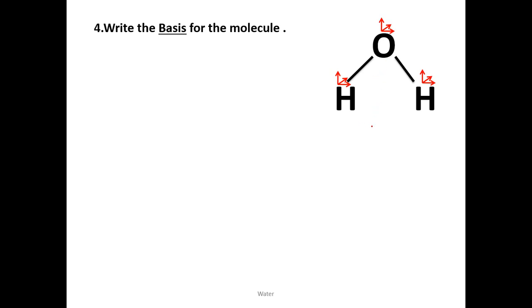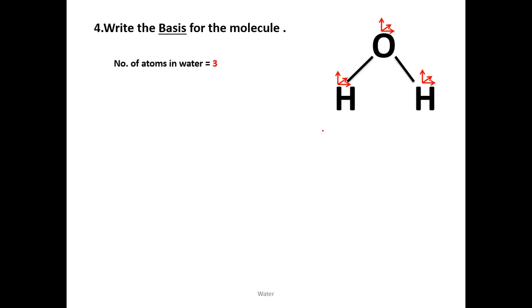There is a reason for this. During vibration, the positions of the atoms will change, and when the positions of the atoms change, the x, y and z coordinates will also change.